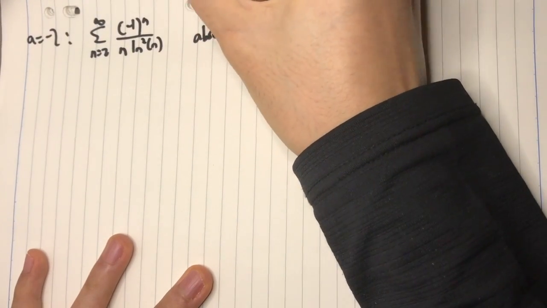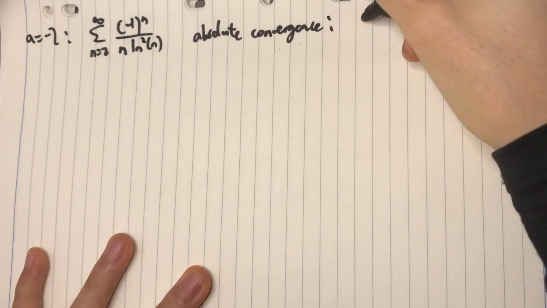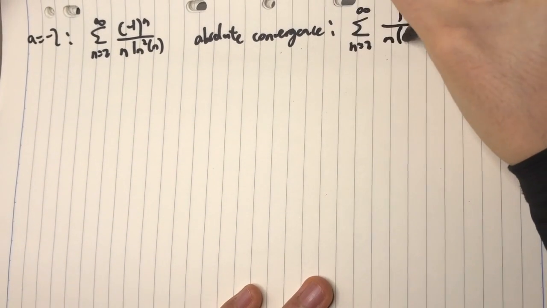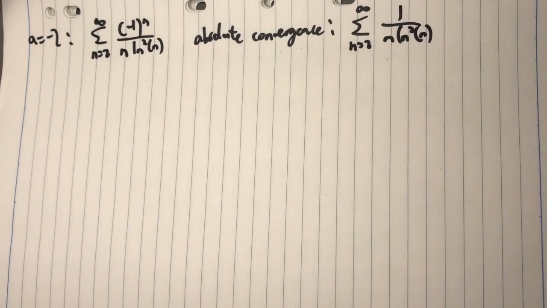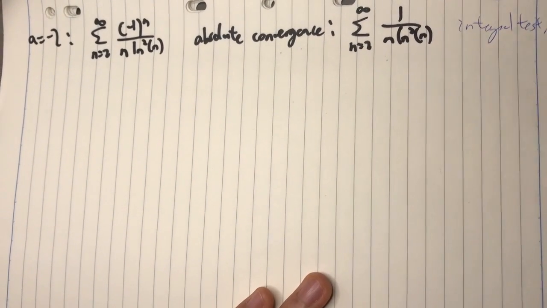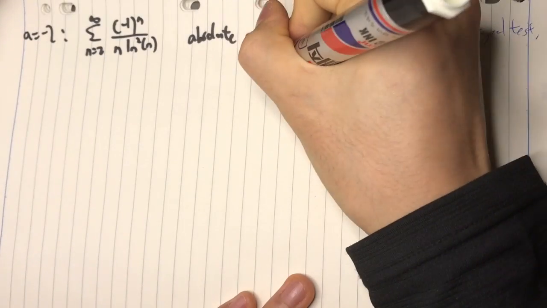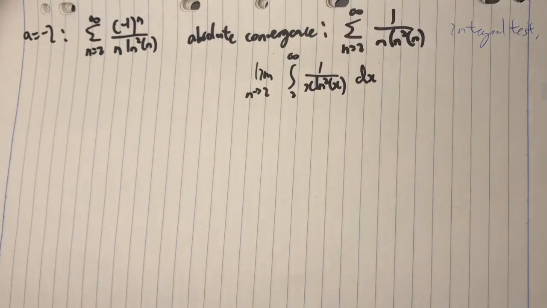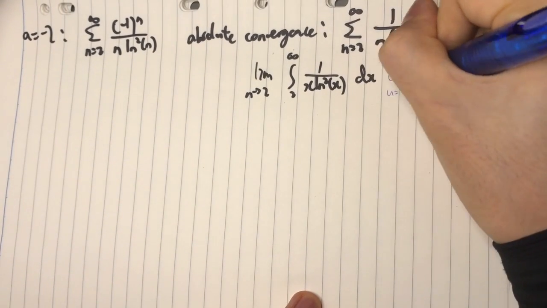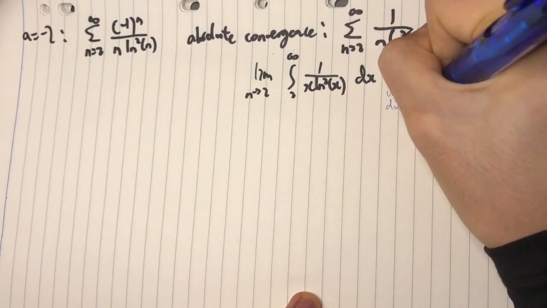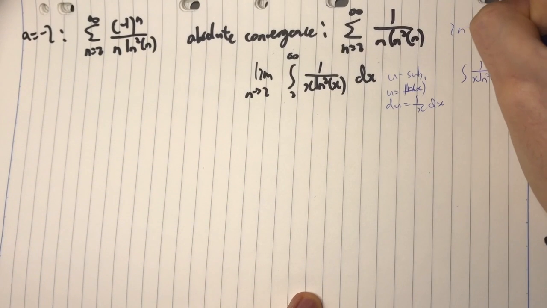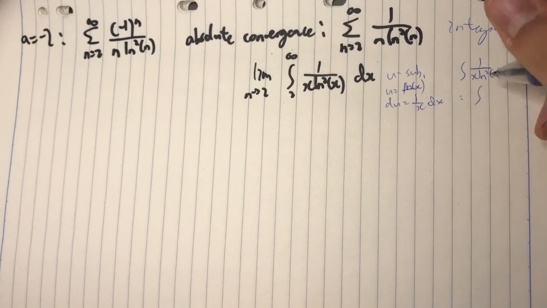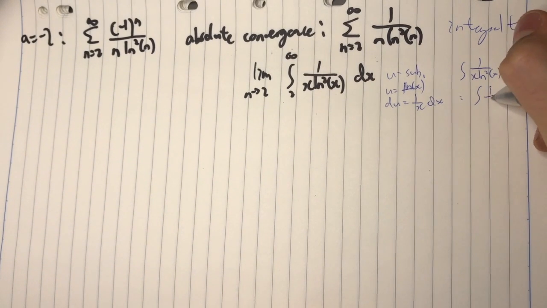We're going to do the same thing for a equals -2, and test the absolute convergence for this series as well. Getting rid of the alternating term, we're going to set up the integral test for that because 1 over n times ln squared of n is also decreasing. So the integral test works, and we're going to apply u substitution as well with the same u and du values. Same work.